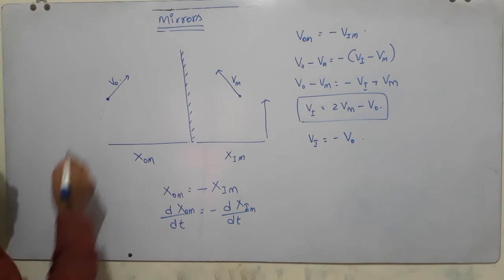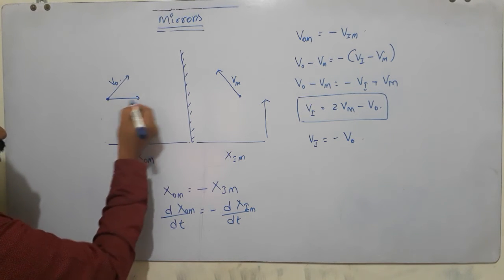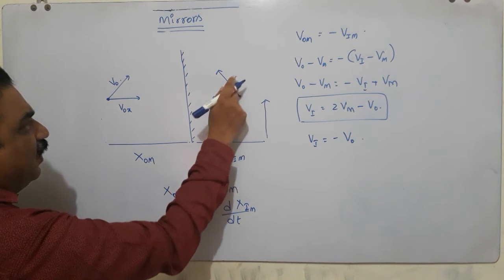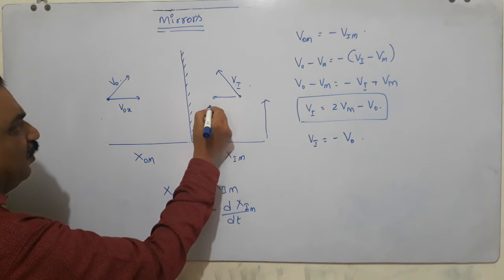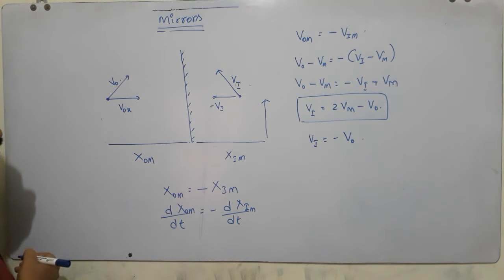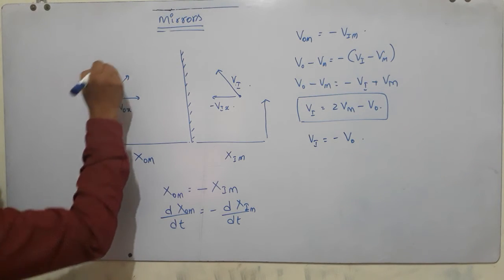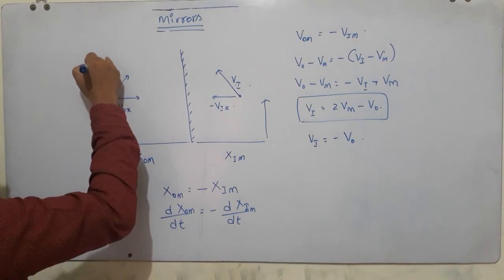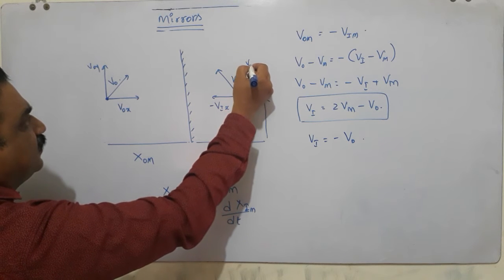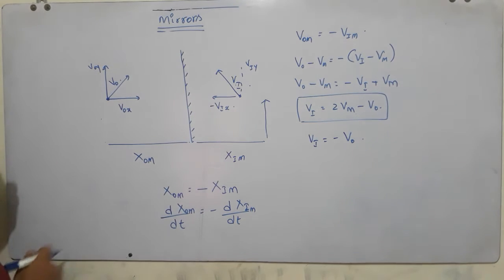Here, if you observe carefully, take the velocity component along the x-axis, V0x. The velocity of the image will be equal to minus Vix. The components along the y-axis, V0y and Viy, will not be changed.